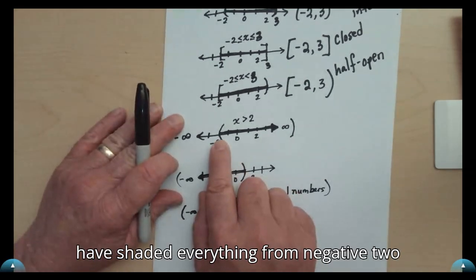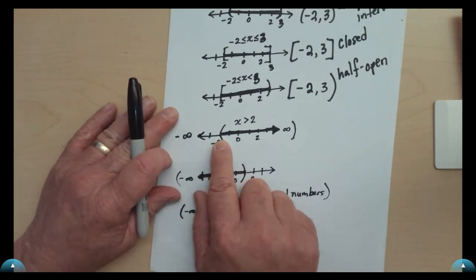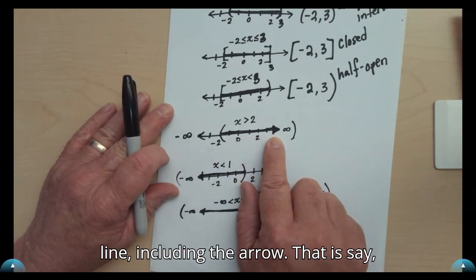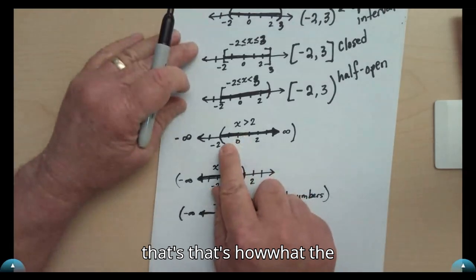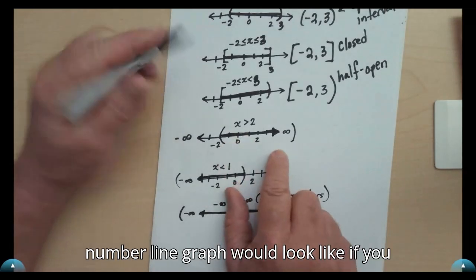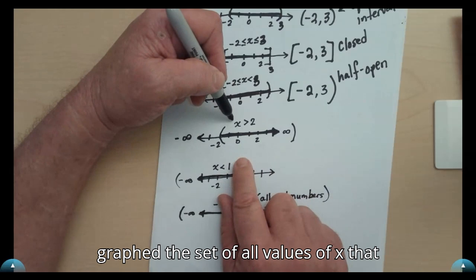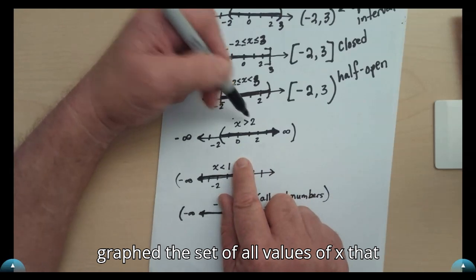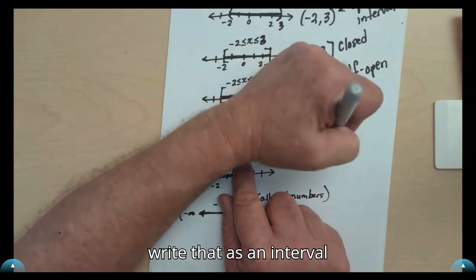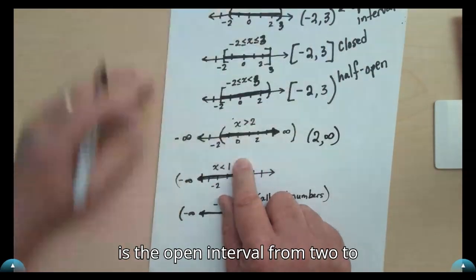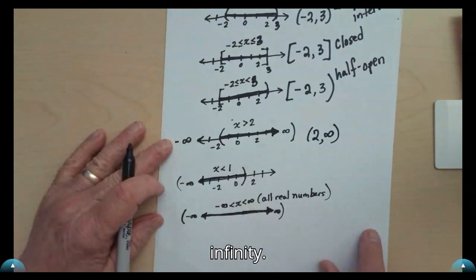So I have shaded everything from -2 all the way to the end of the number line, including the arrow. That's what the number line graph would look like if you graphed the set of all values of x that are greater than 2. And the way I would write that as an interval is the open interval from 2 to infinity.